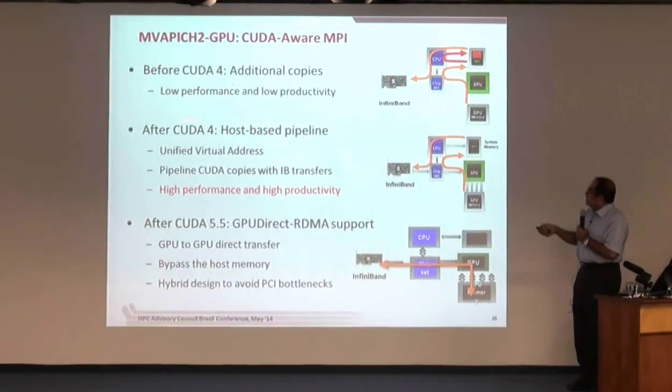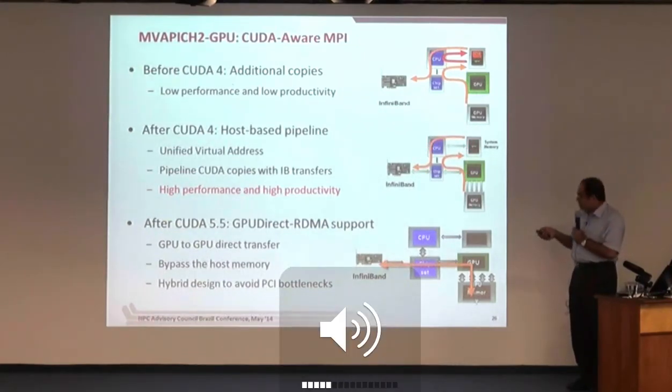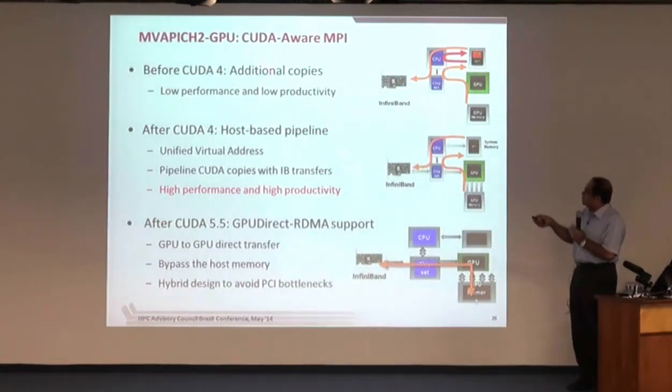So it had very low performance and low productivity. Then after CUDA 4, Mellanox and NVIDIA together introduced GPUDirect. Okay, it is not GPUDirect RDMA, that is the third solution. Here you can do a single registration, so data goes here and you can still make copies. And that is when we introduced something called CUDA-aware MPI.